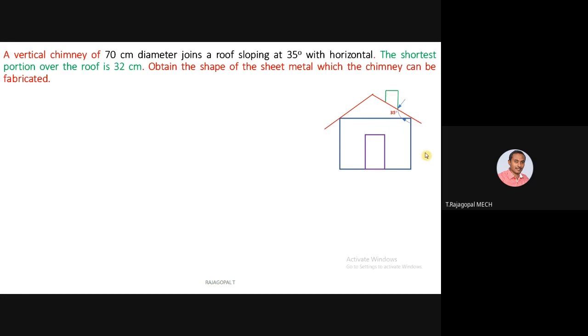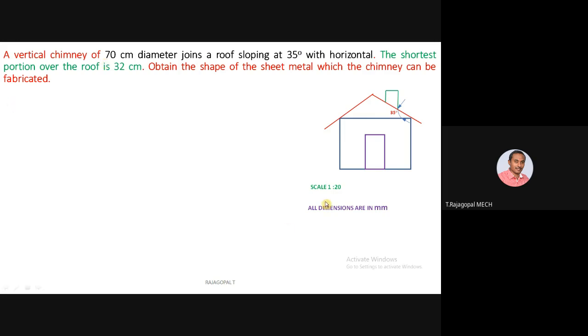As I said, 70 centimeter is too large, so we can reduce the scale. I always prefer everything in mm because we follow the standard unit as mm. All dimensions are in mm. So I'm going to shift this 70 centimeter diameter to a convenient length by fixing a scale.